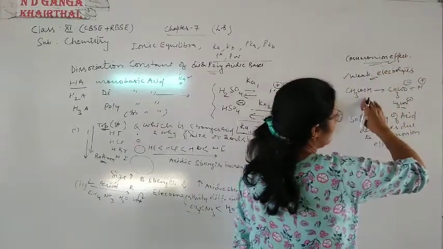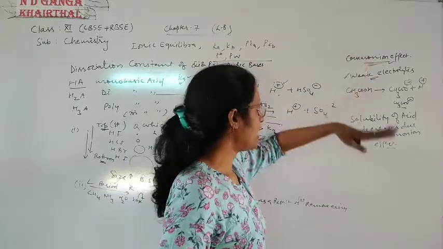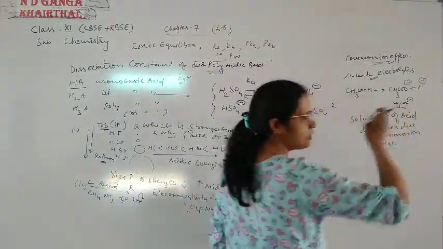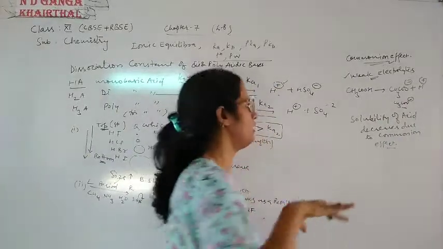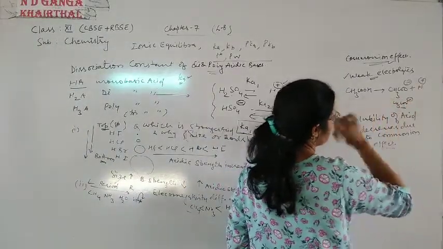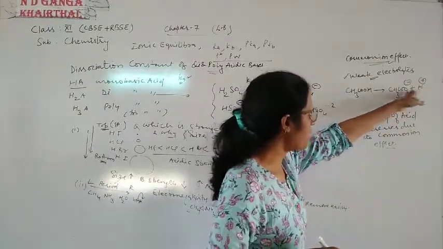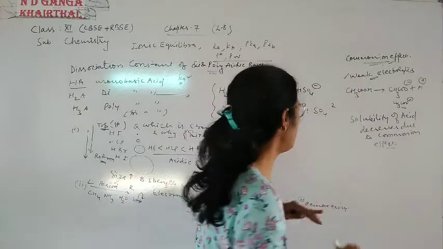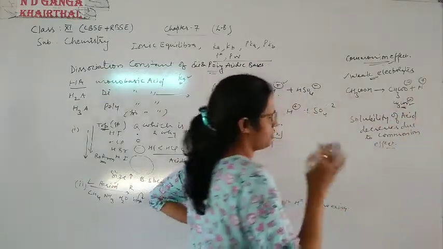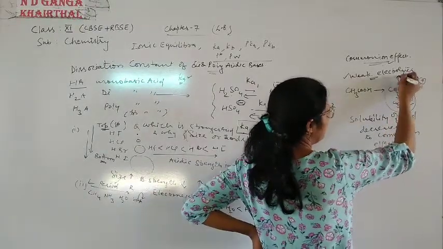When a weak electrolyte which ionizes less, and on addition of a substance which has a common ion, then the equilibrium will shift. As we see, it is a weak acid, it is ionized and forms acetate ion and H ion. If we add acetate ion, the concentration of acetate will increase.